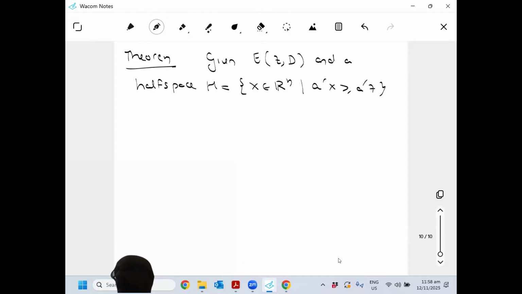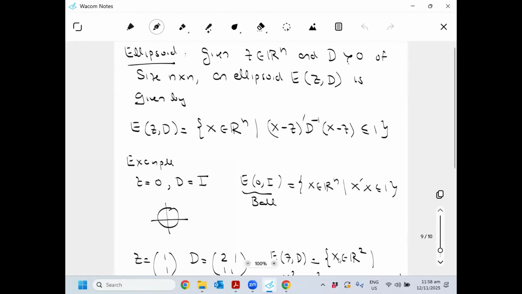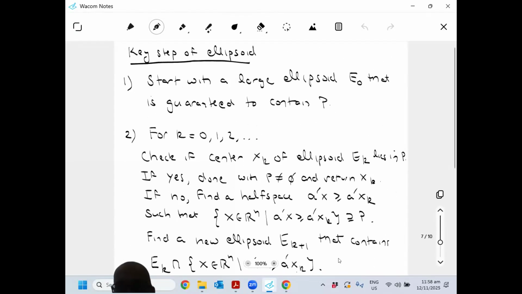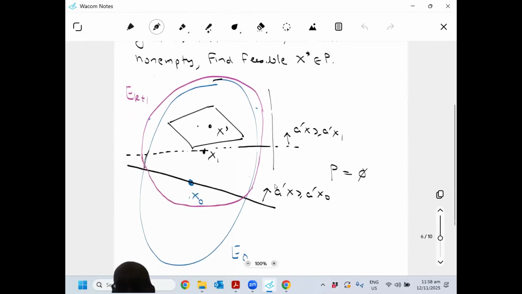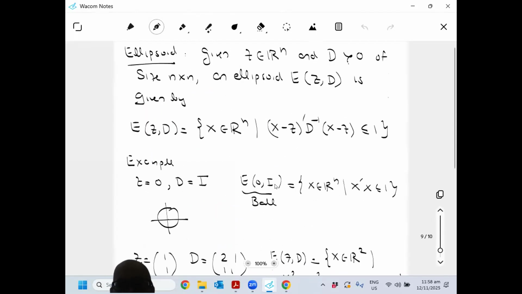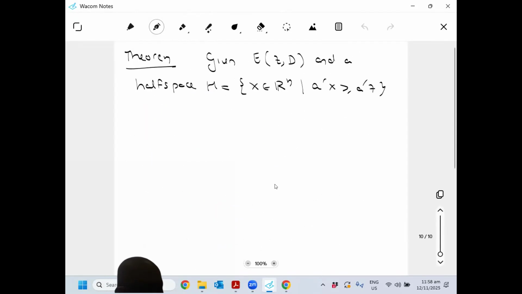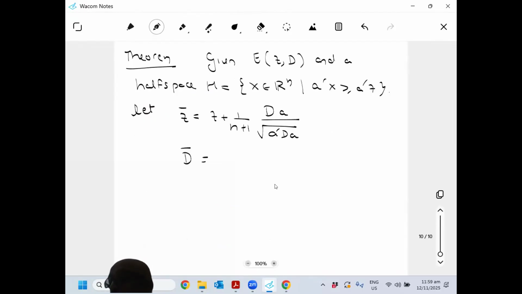If I give you an ellipsoid centered at some z, and I give you a half space, then I'm going to define a new center. This is a formula which I guess Khachiyan showed, building on other work. I define a new center and a new matrix D bar, which is going to define a new ellipsoid.